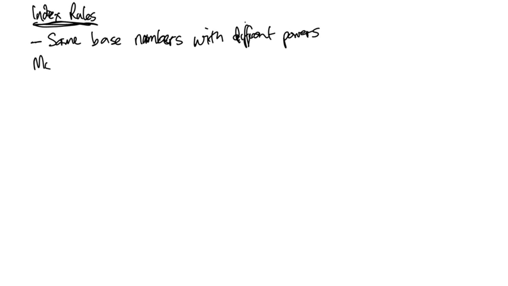Whereas for multiplication, the answer for the same base numbers being times together with different powers is just to add the two powers together and put that on top of the same base number. So multiplication, add the powers.